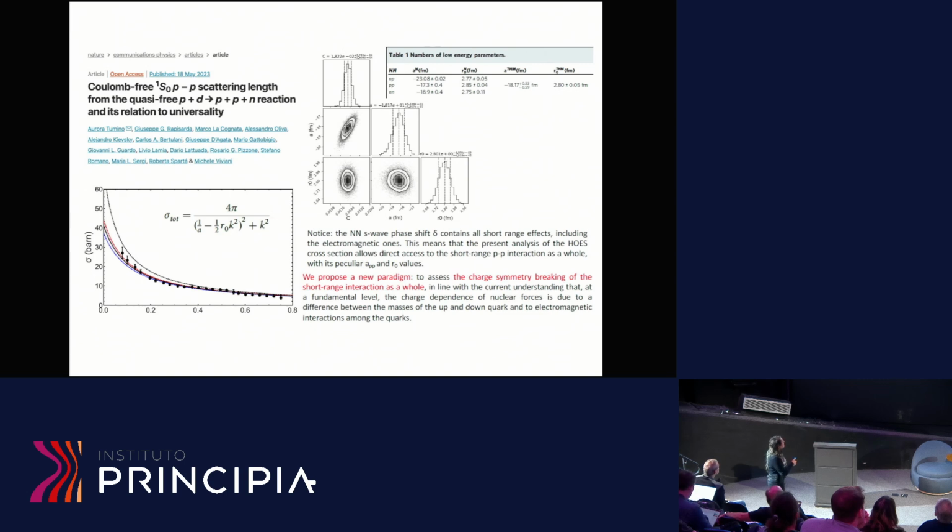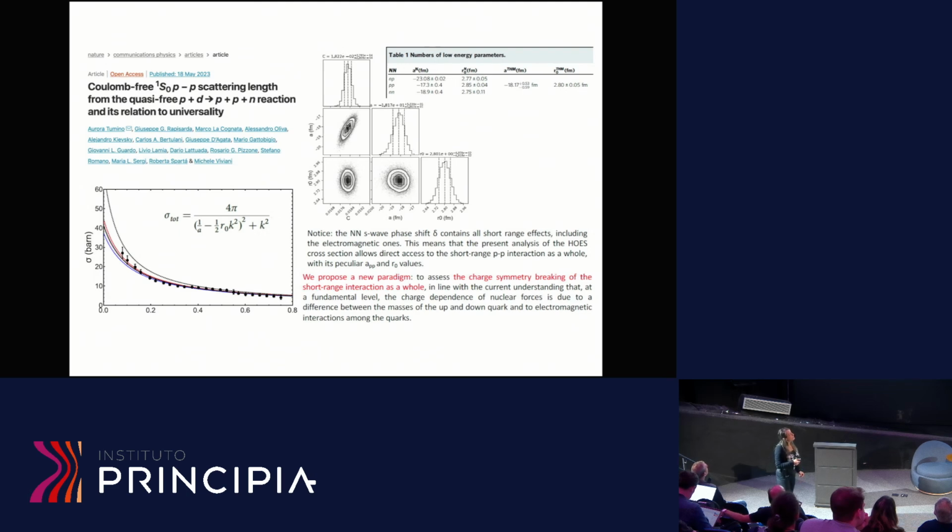Essentially, this means doing a fit with a conventional tool to analyze the nucleon-nucleon scattering. We did a Bayesian fit, and we got this number, minus 18.17, which is the proton-proton scattering length, Coulomb-free. But we understood also something which, at least for us, was not clear.